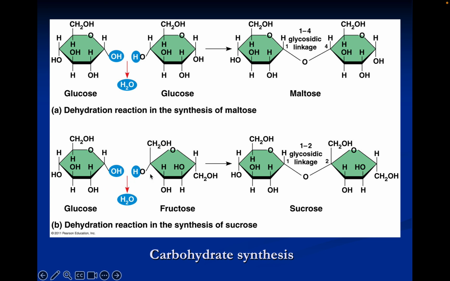And we also have another example here with sucrose, a dehydration synthesis reaction. Same thing, the OH and H leave together as water, leaving an oxygen in the middle to share that. And the name for this type of bond that connects monosaccharides together in a polysaccharide is called a glycosidic linkage.